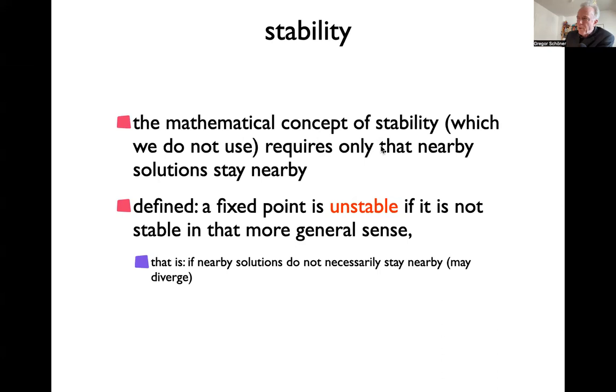And this more general stability is important because the thing we are interested in is to be unstable. And unstable means not stable, in this more general sense, that is, not staying nearby. When you invert that, it means there are some initial conditions, as close as you want, arbitrarily close to the fixed point, from which you will not stay nearby. That is, you will go beyond any bound.